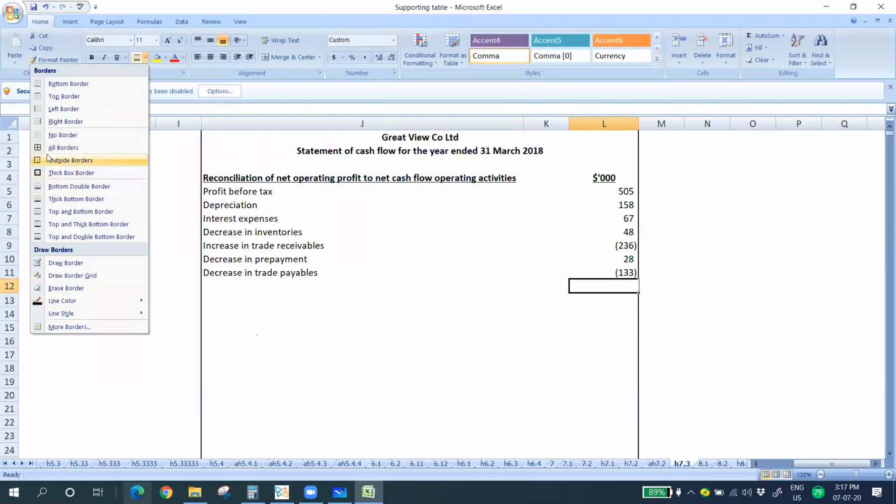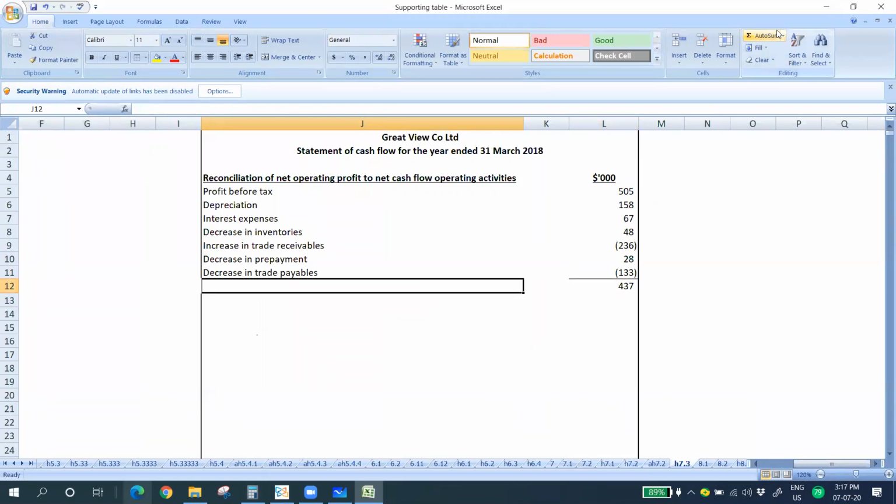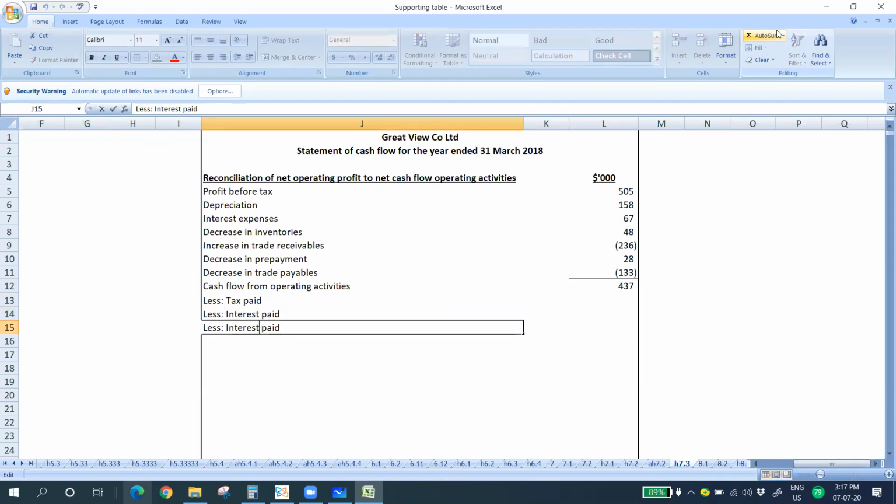Next, we can add the amounts. 437. This is cash flow from operations. After this, we need to deduct tax paid, interest paid, and dividend paid.